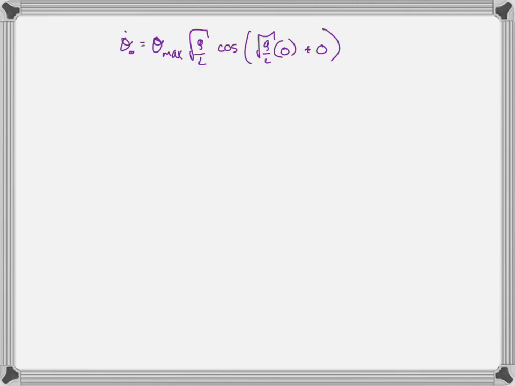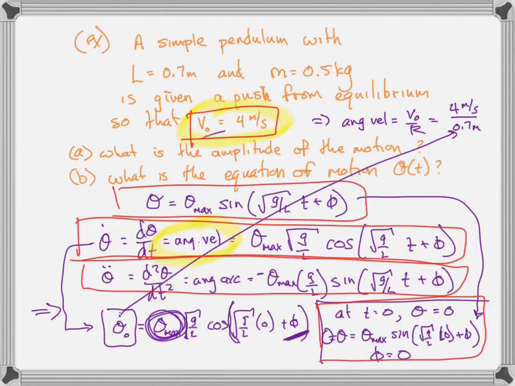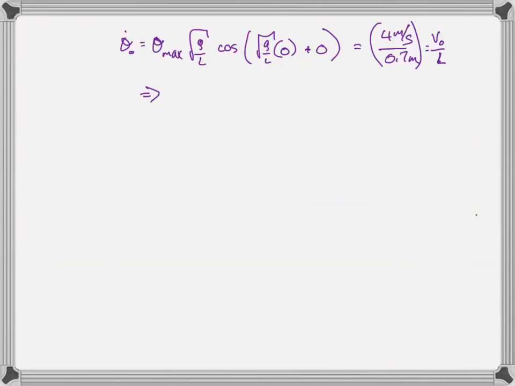And so we can solve. This is equal to 4 meters per second divided by 0.7 meters. Let me just say that's V0 over L. I'll plug in numbers when we're ready for it. And so the cosine of 0 is 1.